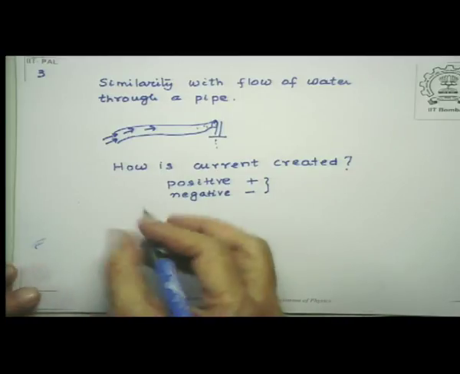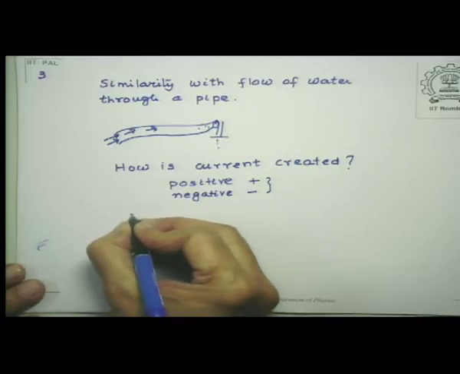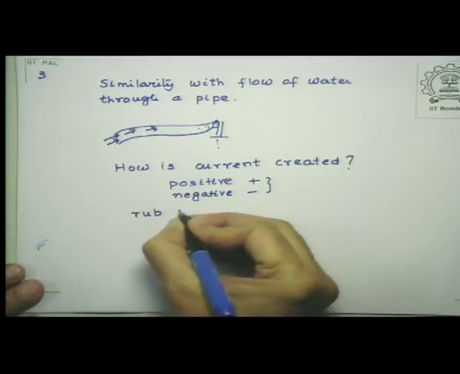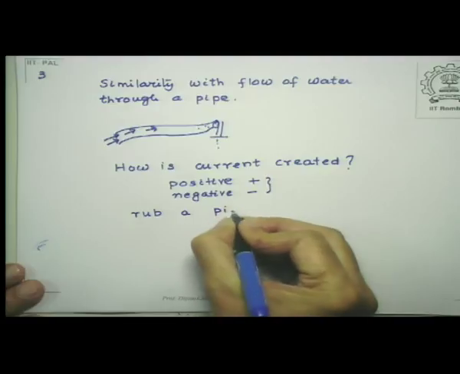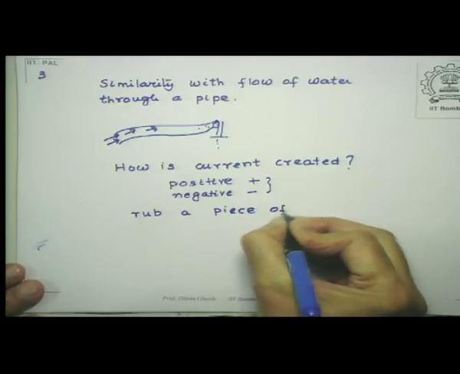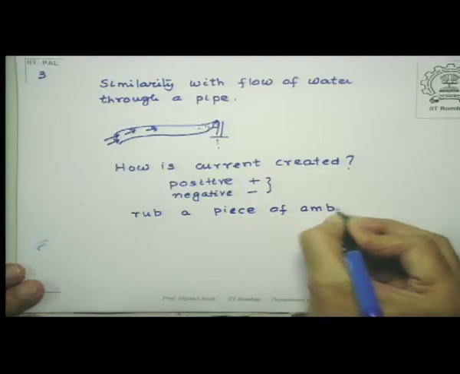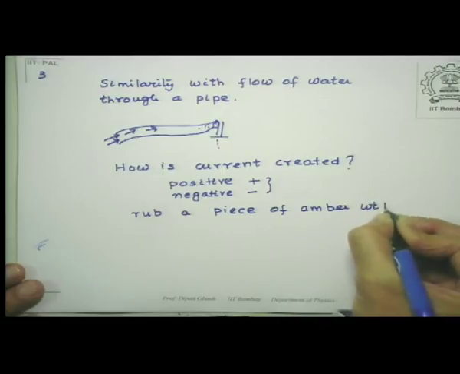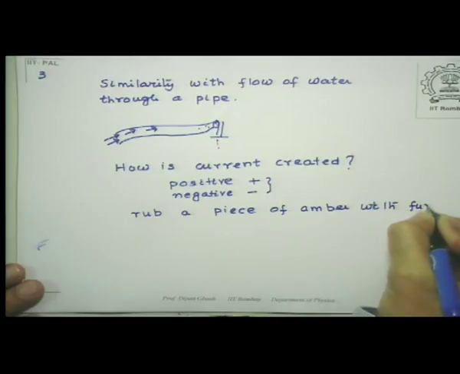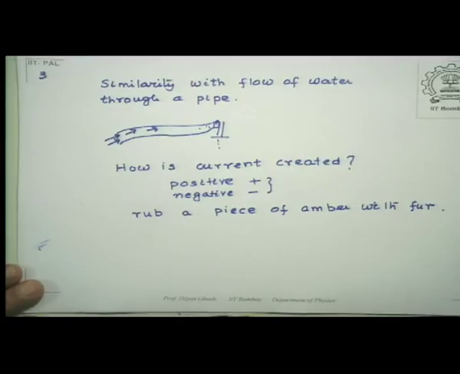For instance, if you rub a piece of amber with animal fur, then of course I generate static electricity, and then if we touch amber to the ground, the current immediately passes through and the static electricity is lost.